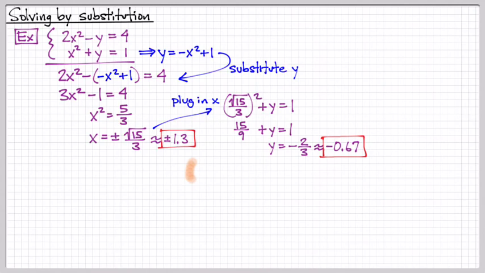One of my solutions is 1.3 comma -0.67. My other solution is -1.3 comma -0.67. So those are my two coordinate points, my two xy pairs that are my solutions.